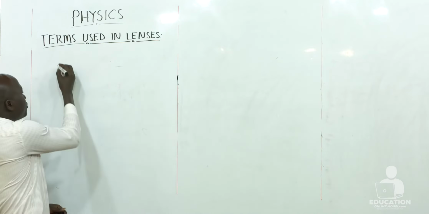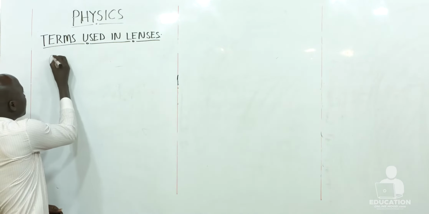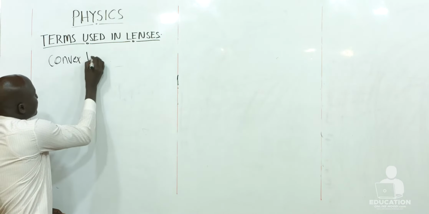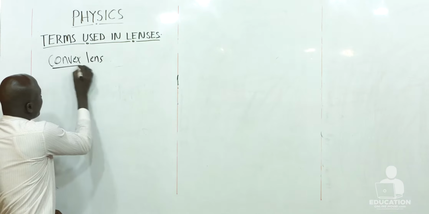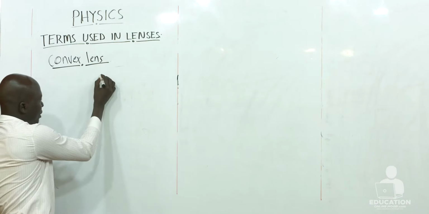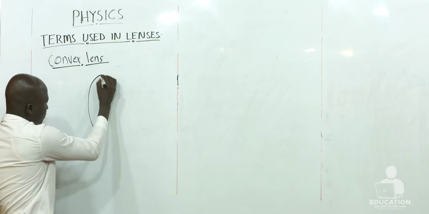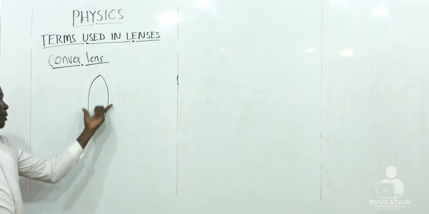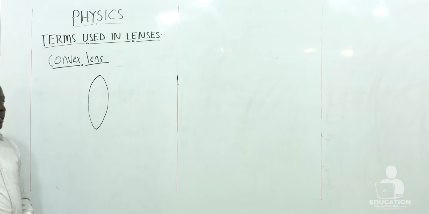Now, we are going to choose the convex lens. This is how a convex lens appears. It is thicker in the middle than at the edges.